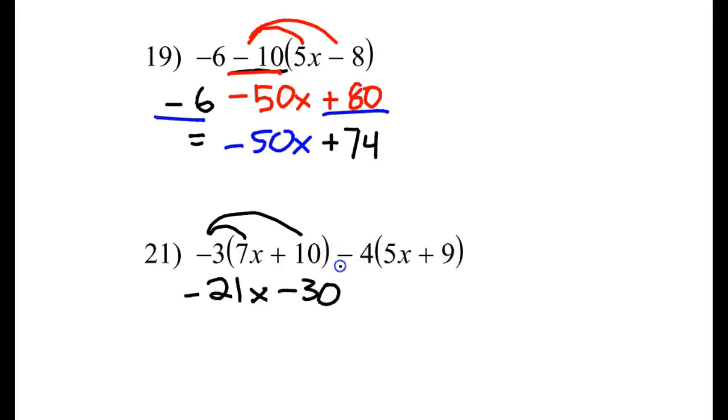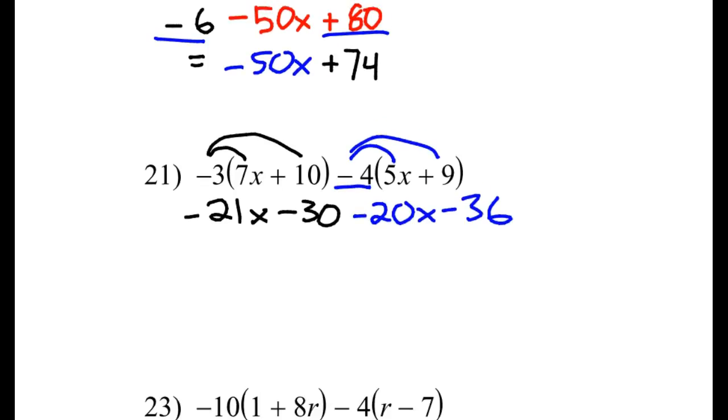And we have -4 times 5 is -20x. And -4 times 9 is -36. And now we have 2 variables and 2 numbers, so of course the 2 variables you can add and subtract together. And then 2 numbers you can add and subtract together.